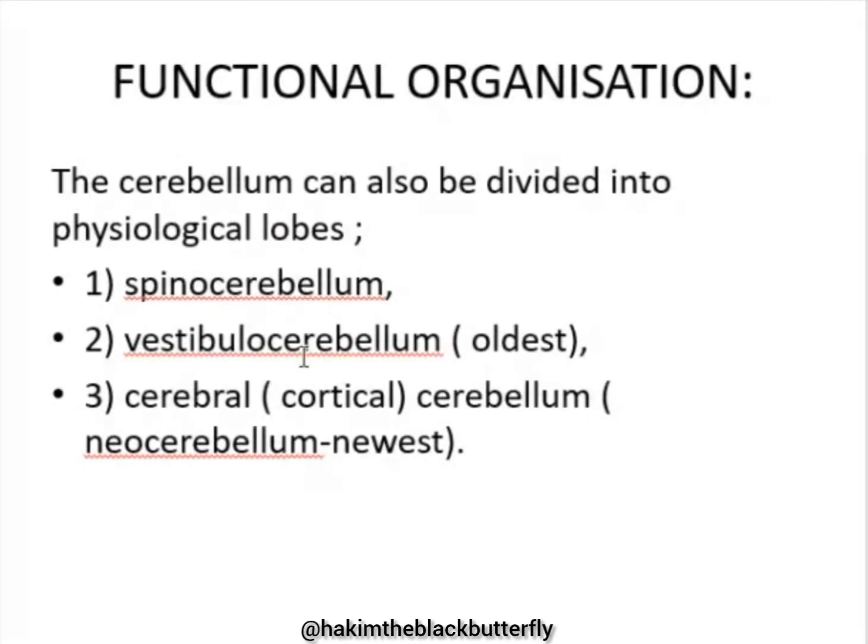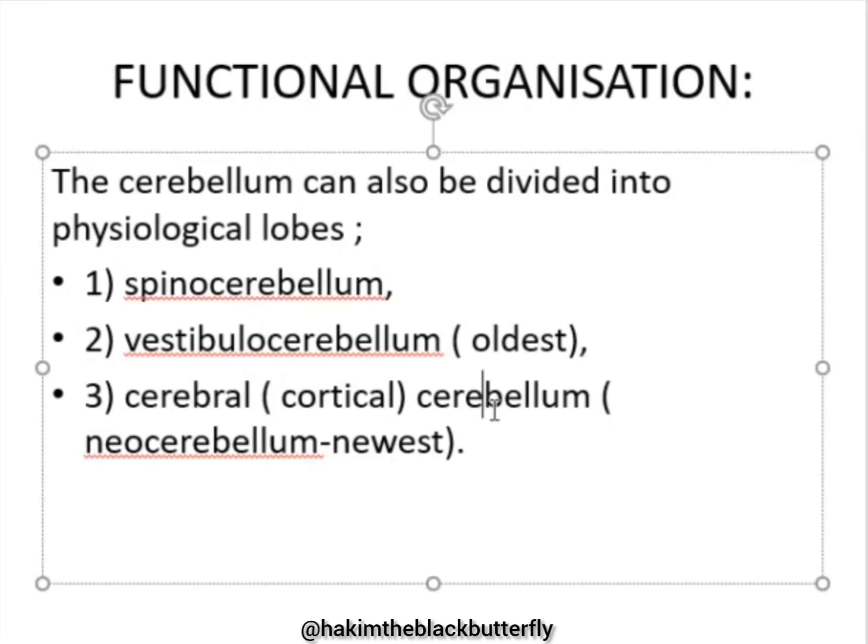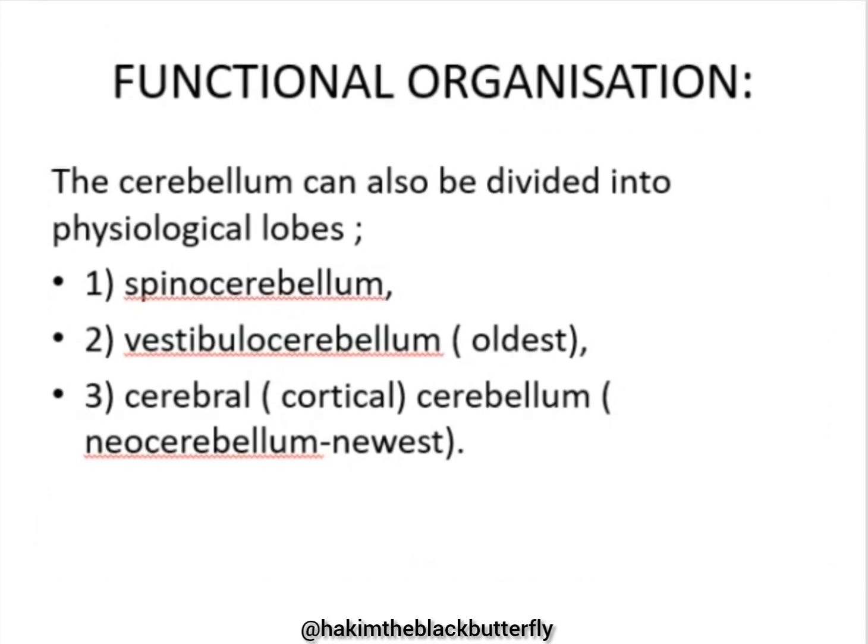The vestibulocerebellum contained within the flocculonodular lobe and responsible for maintaining equilibrium, and the cerebrocortical cerebellum, which is that part of the cerebellum which connects to the cerebrum through the thalamus.